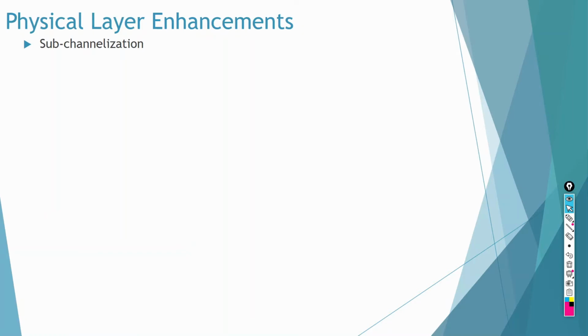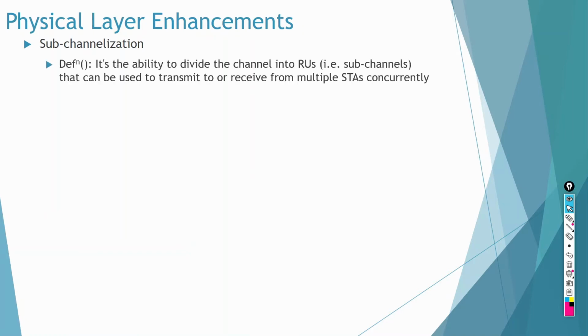Okay, now we are going to talk about subchannelization, and actually it refers to the ability of dividing the RF channel assigned to the access point into smaller subchannels, called RUs, resource units, where instead of assigning one channel to one STA at a time to transmit or receive data, I can get these smaller chunks of frequencies and assign them to multiple stations, which will allow them to transmit or receive concurrently.